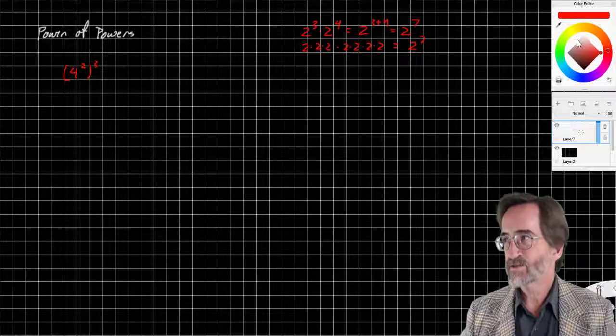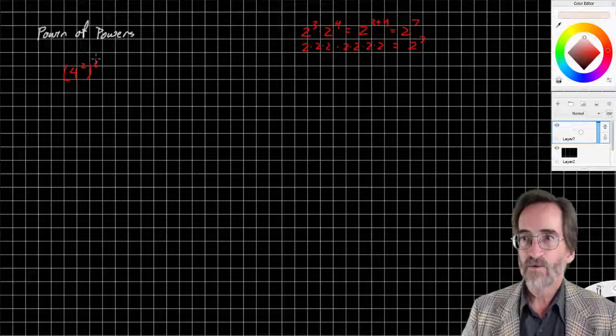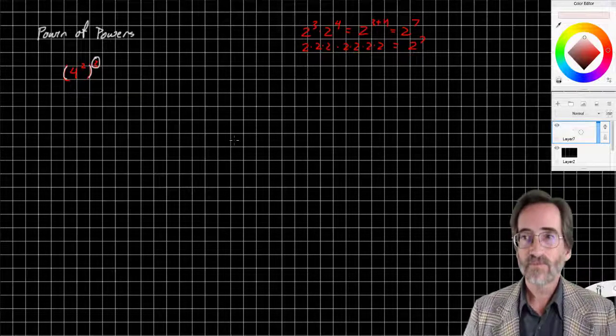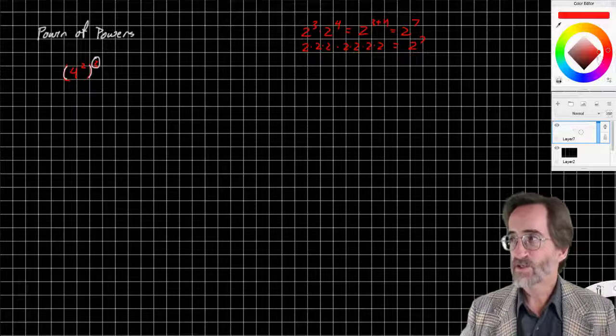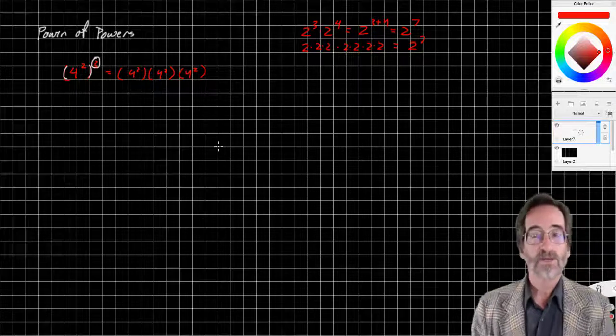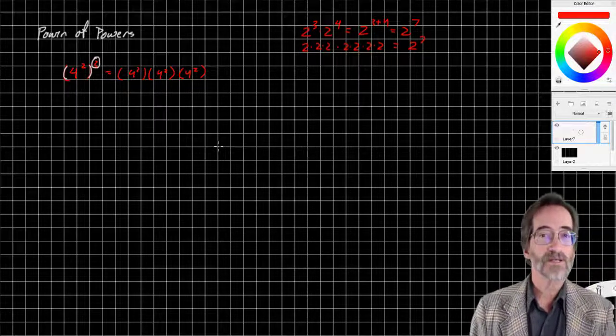I'm going to start from the outside and work our way in. The 3 tells me to multiply the base, which is the parentheses, 3 times. So I'm going to expand this by writing parentheses, 4 to the second, parentheses, 4 to the second, parentheses, 4 to the second. 3 times, 4 to the second times 4 to the second times 4 to the second.